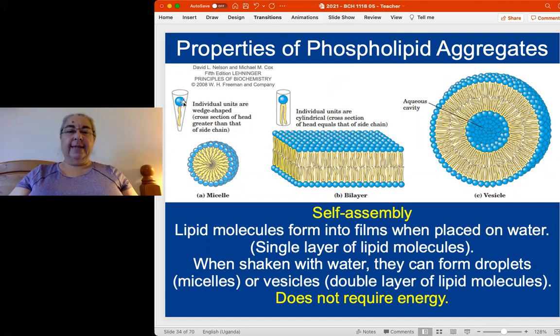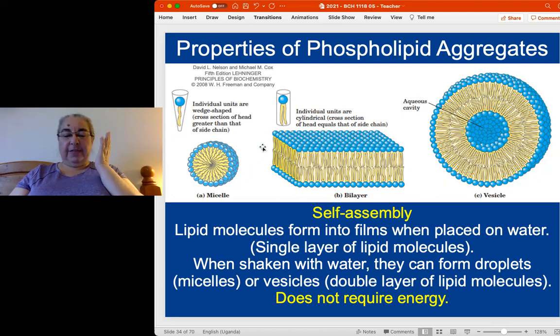So its head is wider than its tail. It's a wedge-shaped molecule. And if a large number of molecules of this shape interact together, they form a tiny sphere like this, with hydrophobic tails in the middle and hydrophilic heads on the outside. And this is called a micelle.